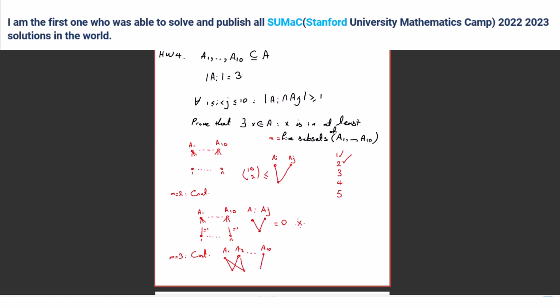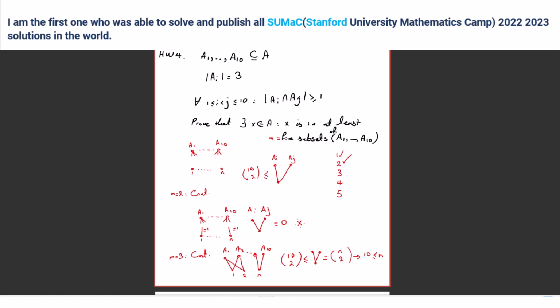And if we consider this part, suppose 1 to n. So the number of these is n choose 2, at least 10 choose 2, right? Oh wait. Okay, so n is at least 10, right?